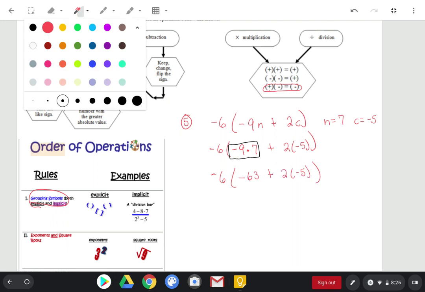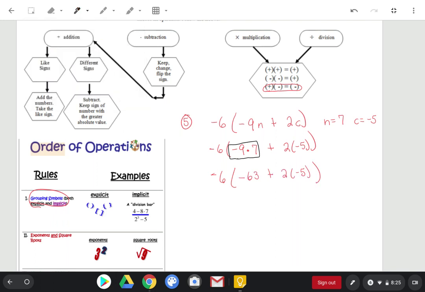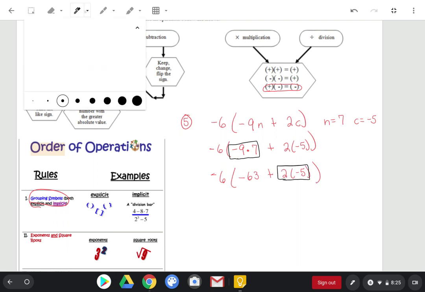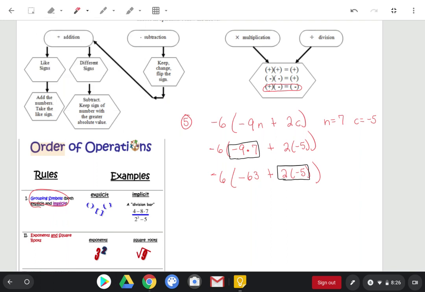Okay, still looking at my grouping symbols, I still need to multiply this 2 times negative 5. And remembering my integer rules, a positive times a negative is a negative. So I'm going to have to replace my box with a negative number.